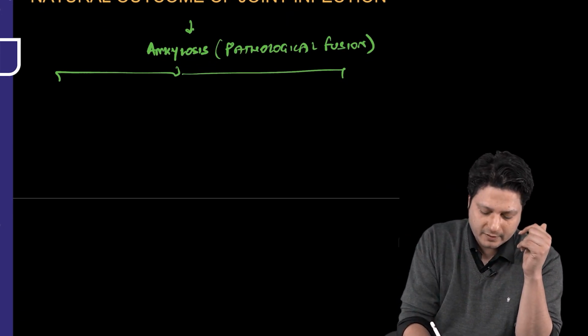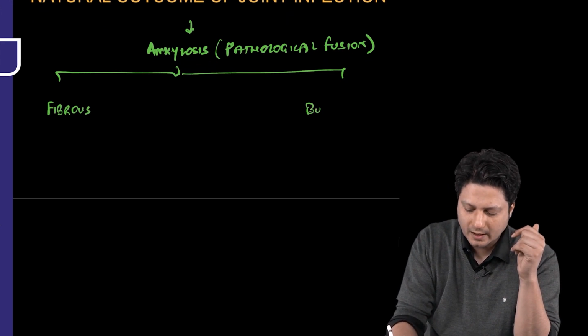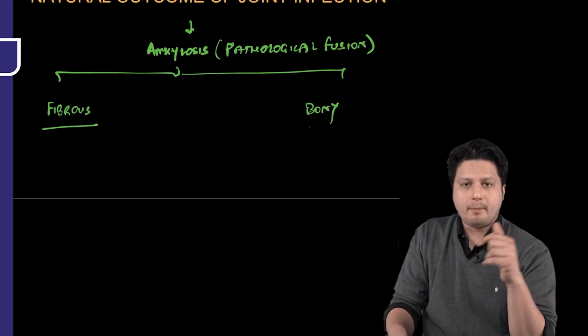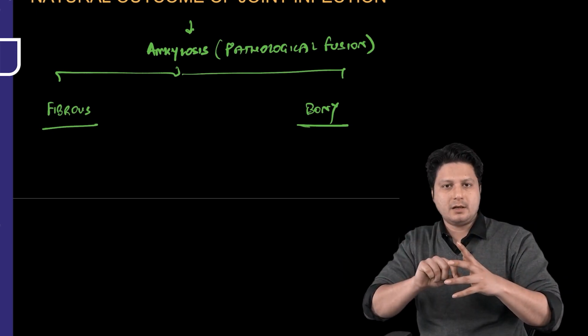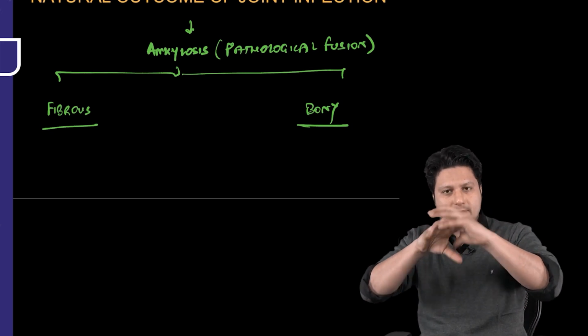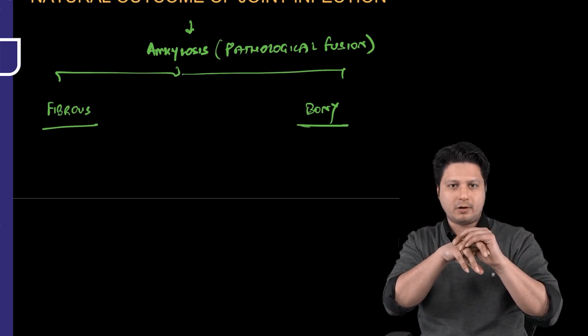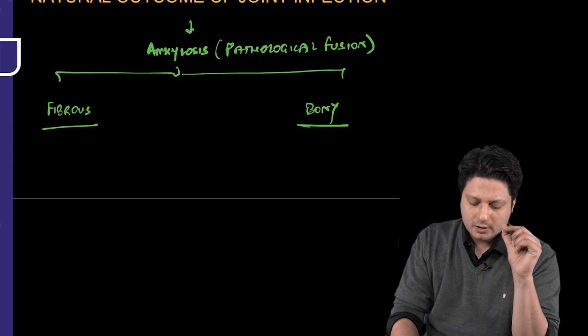One is fibrous ankylosis and the other one is bony ankylosis. That means a bone above and a bone below are fused by fibrosis in between, that is fibrous ankylosis. On the other hand, a bone above and a bone below are fused by bone itself. So there will be a continuity of the bone, that is bony ankylosis.